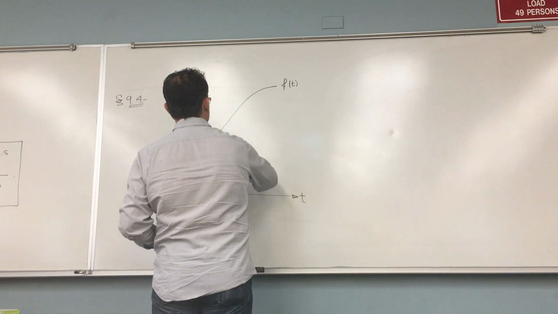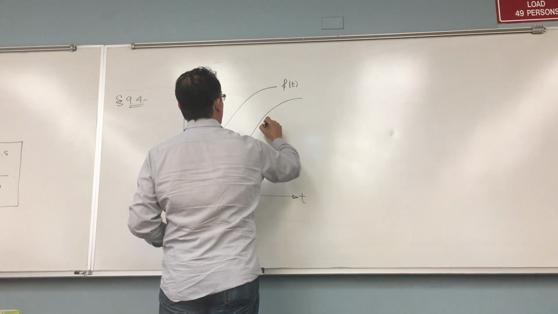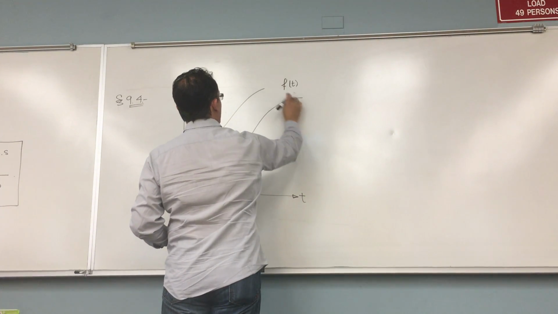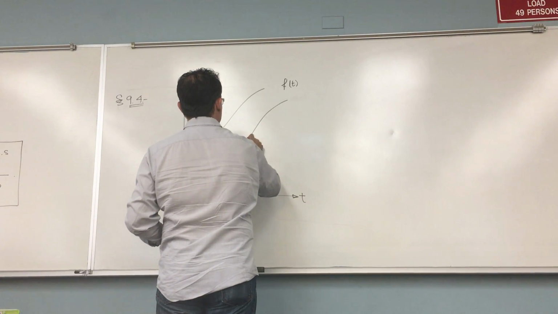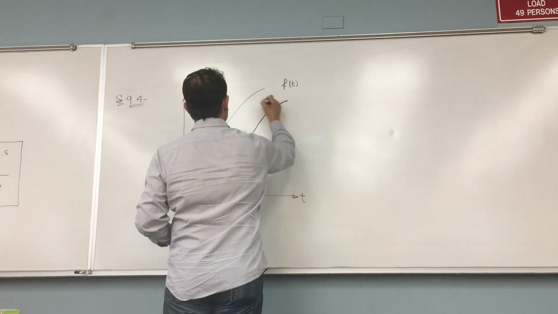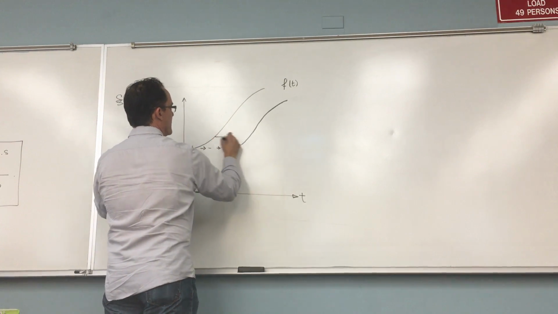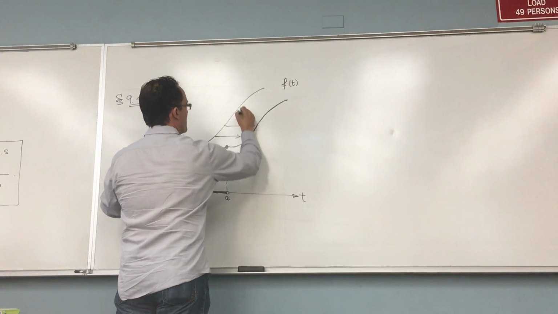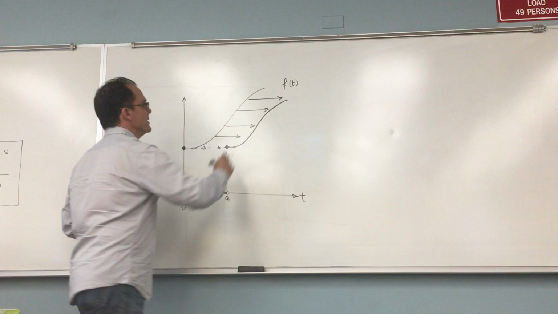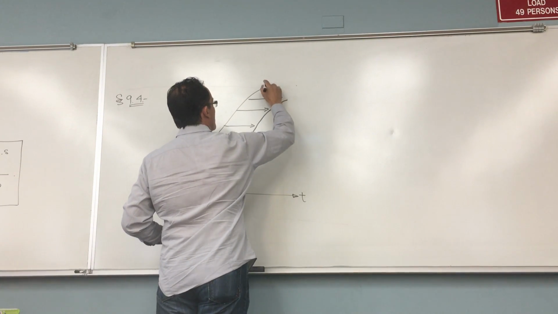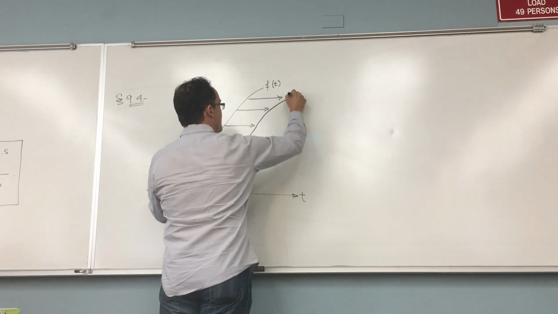So you take and you shift this. And that's the f(t) up here. When you shift this, this is f(t minus a).